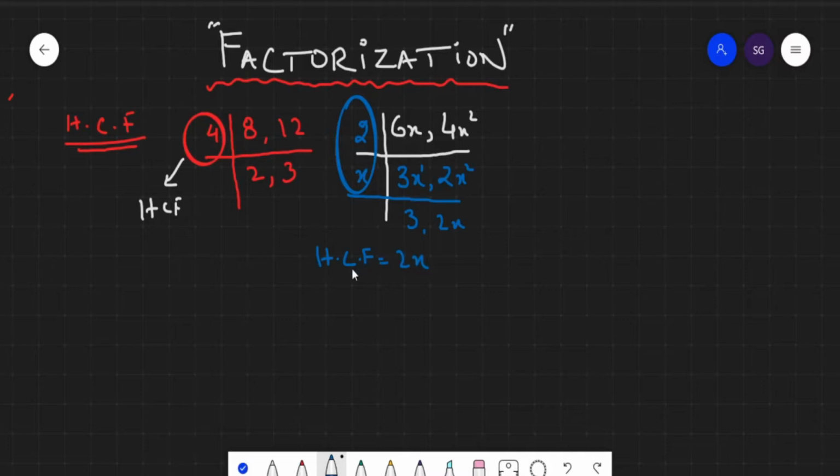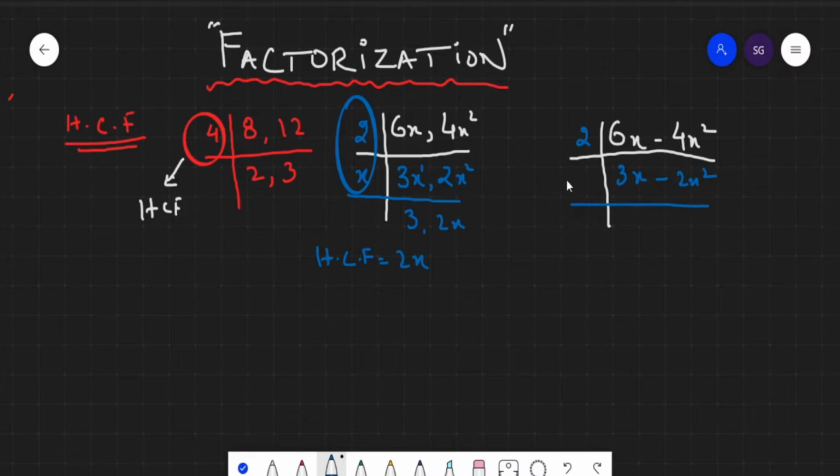Now I'm going to make very minor changes, and that will give you an idea of what the factorization of algebraic expressions looks like. Let's say we have 6x minus 4x squared. This is an algebraic expression, and I use the same technique of factorization using the HCF way of working. This time we again have numbers, and 2 is a common factor, so we are left with 3x minus 2x squared.